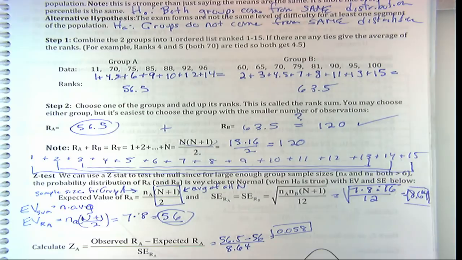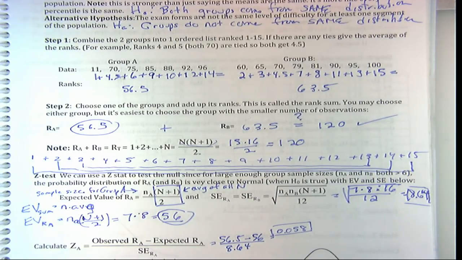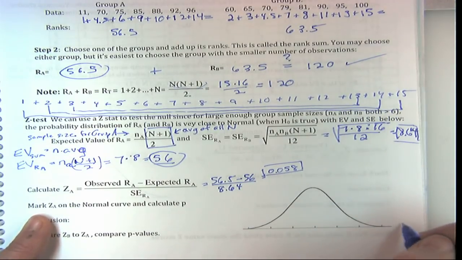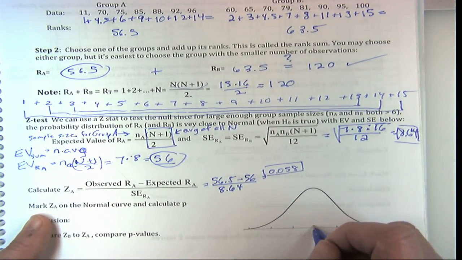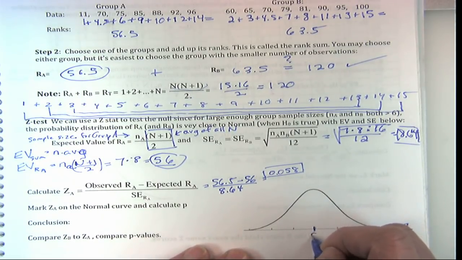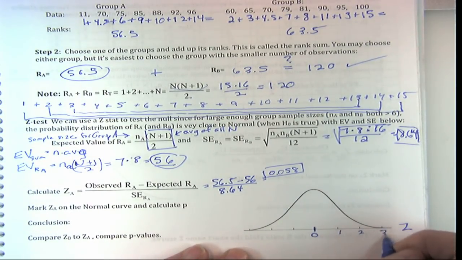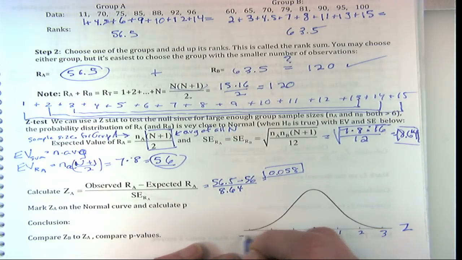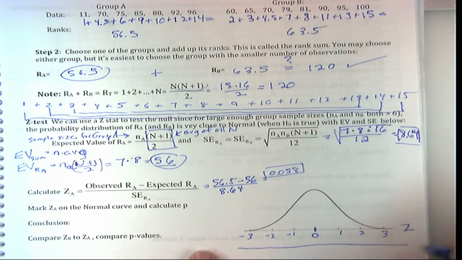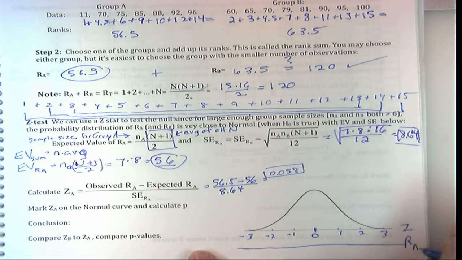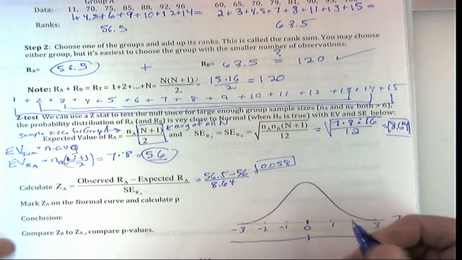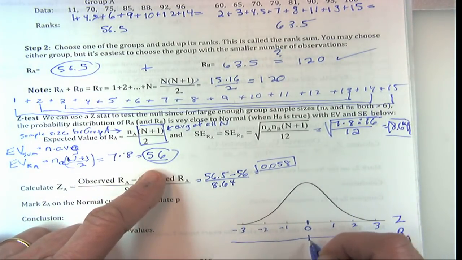All right? And so now, mark it on the normal curve and calculate the p. So let's just remember what we're doing. We've done this so many times before. On a z-curve right here, we're saying that this rank sum is distributed as a z-score, which is 0 in the middle like this, -1, -2, and -3. If we wanted to match up the axes with our rank sum for group A, our expected value is right in the middle, which is 56.